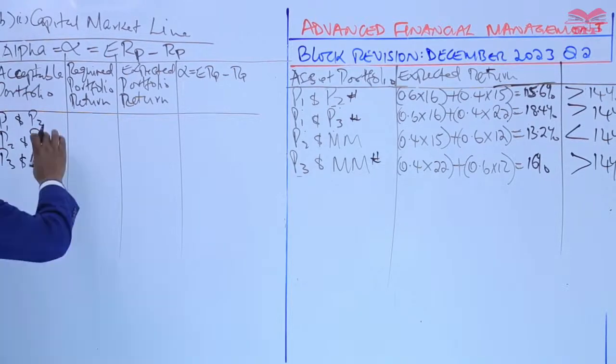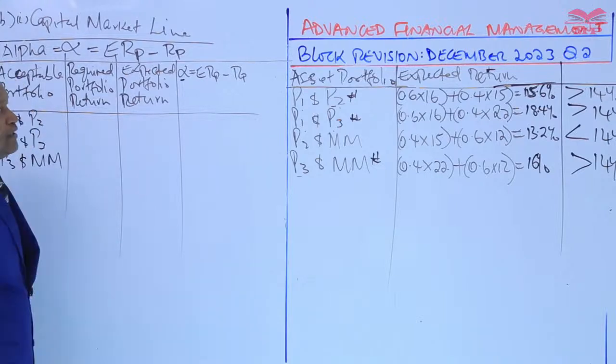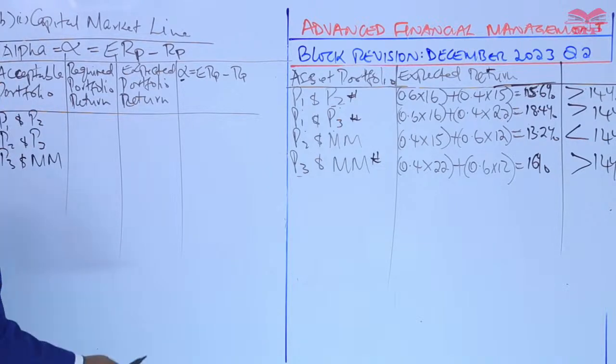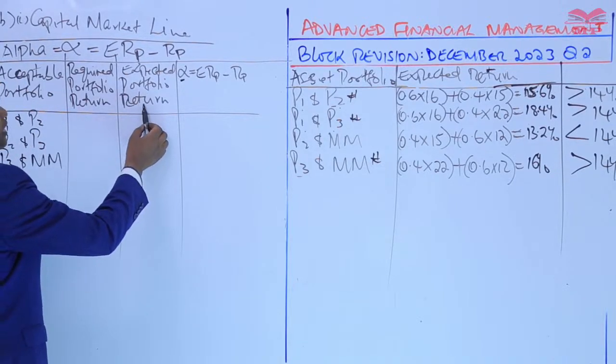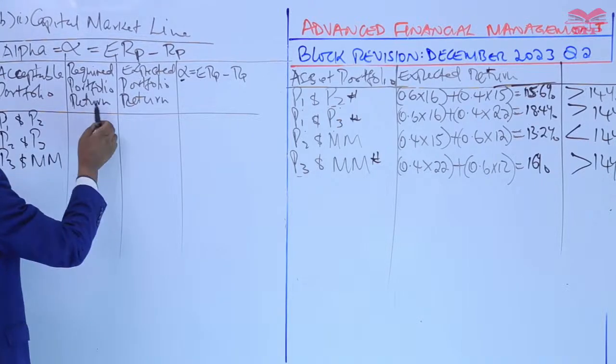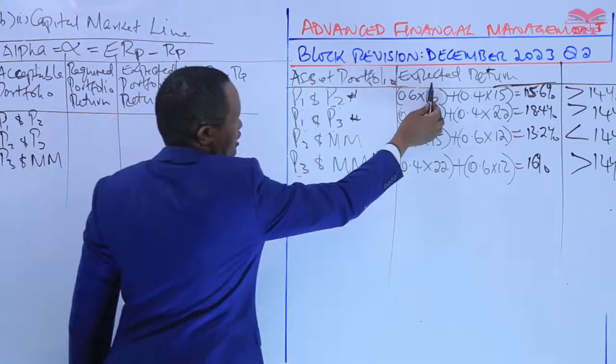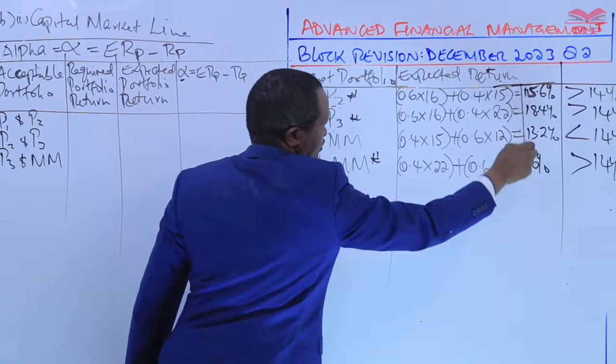It is out of these 3 portfolios that we are going to calculate the alpha. And we have seen that alpha is equal to the expected portfolio return minus the required rate of return. We already calculated the expected portfolio return. This is the expected portfolio returns for these portfolios.